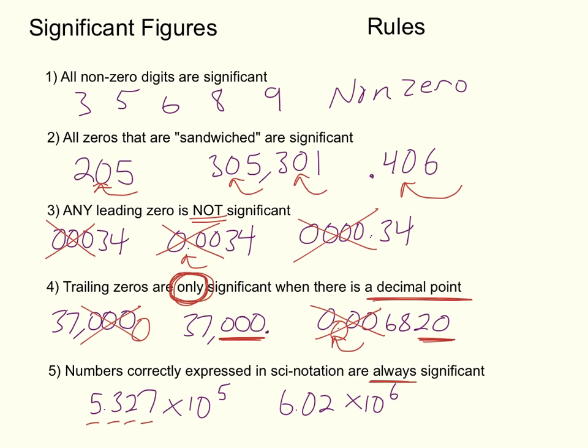Well, there's a 0 sandwich right here. These are all significant. How about one last one? 2.000 times 10 to the 10. We only look at the coefficient, which is the beginning number, and there's a decimal, and there are trailing zeros. All significant. There's 4 there.